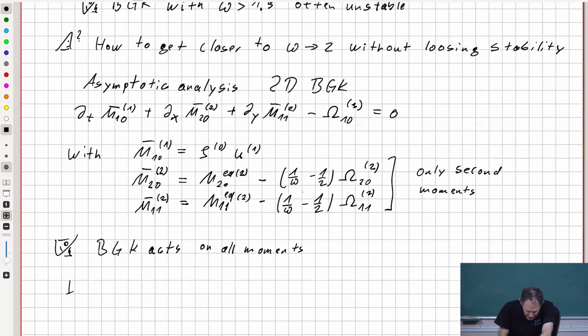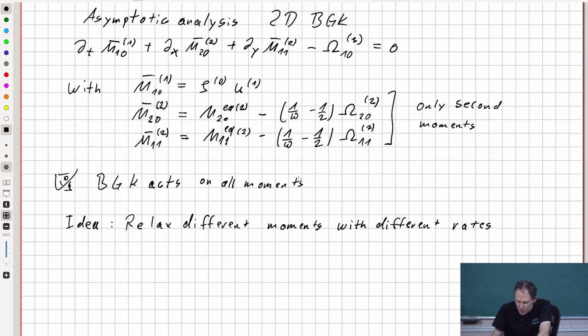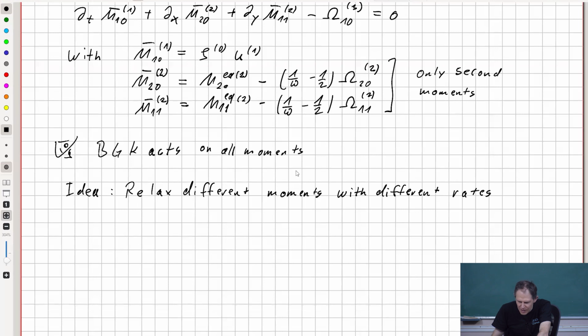So now the idea that we have is, let us relax the different moments with different rates. First of all, let us identify which we need to keep.